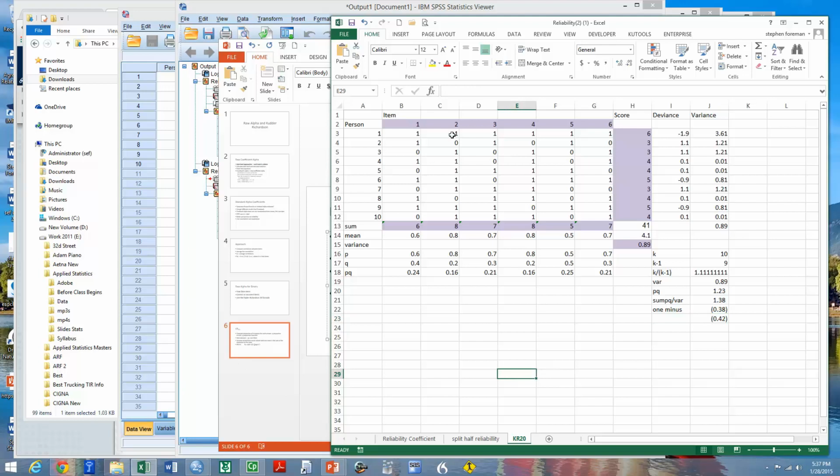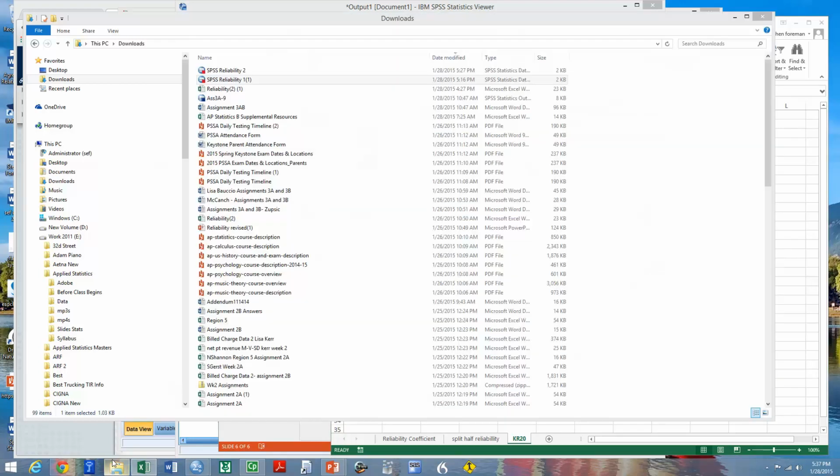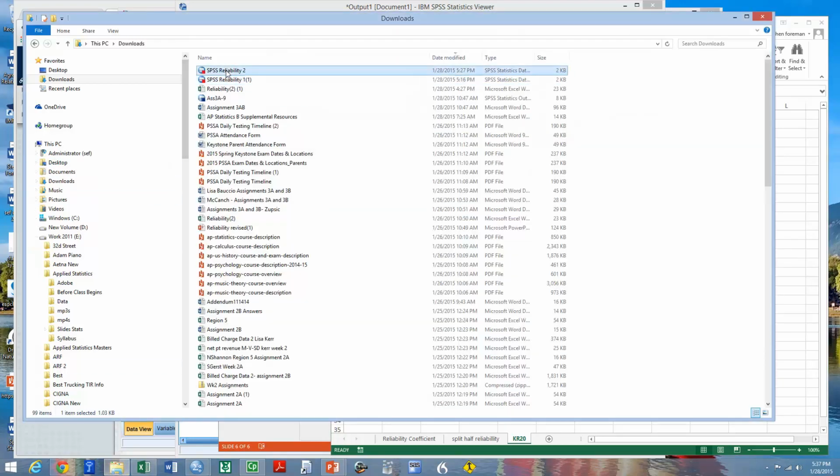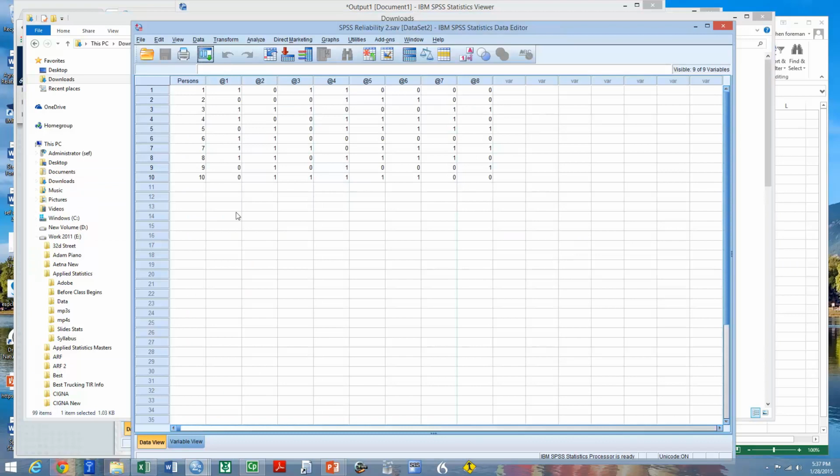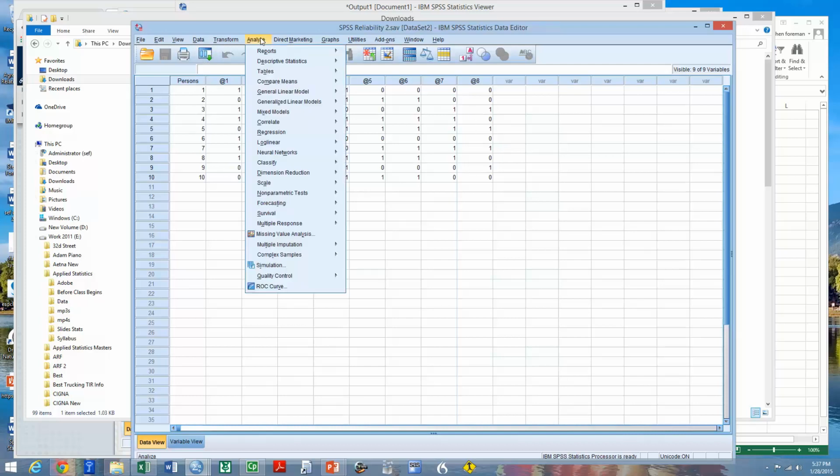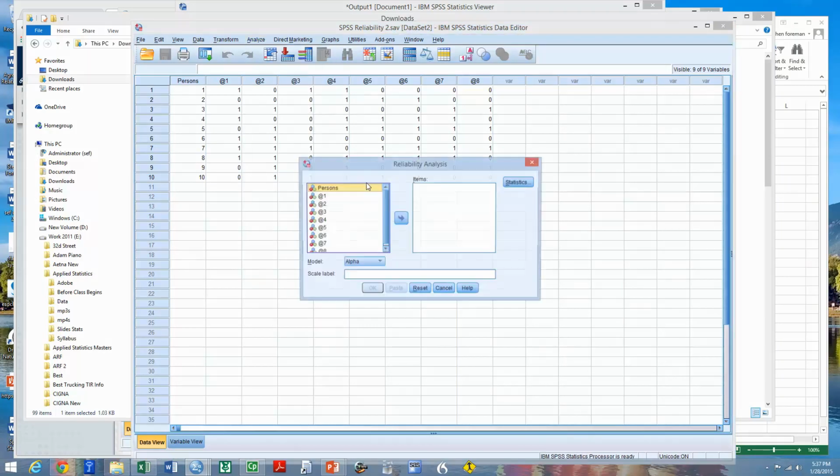So it's actually the same concept here as Cronbach and Spearman. So let's take a look. We can do the same thing in SPSS. SPSS reliability 2. And here are our test scores entered into our matrix, and we analyze it exactly the same way. Reliability analysis, and we'll do an alpha.